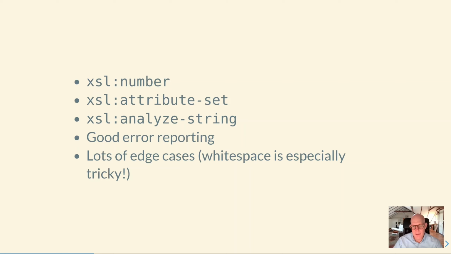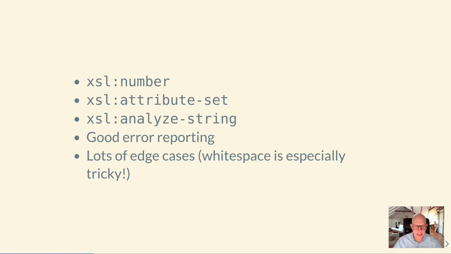Analyze string depends on some upstream work, so either I need to file a pull request for a fix, or wait for some upstream work for regex capturing. Good error reporting still needs work, but as you'll see, there's a real path forward with that.